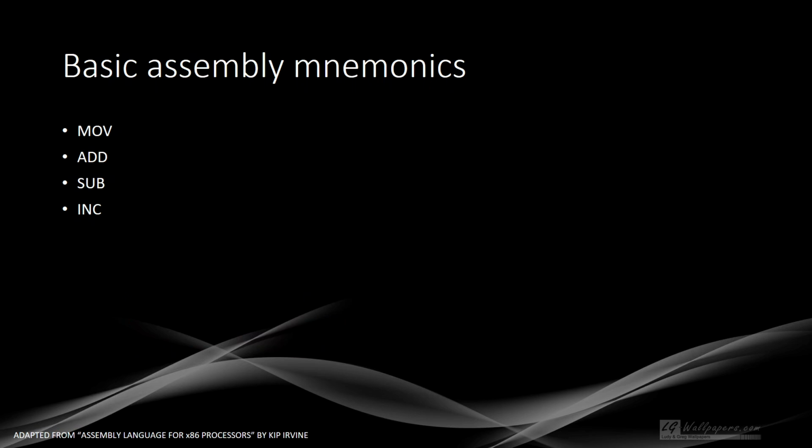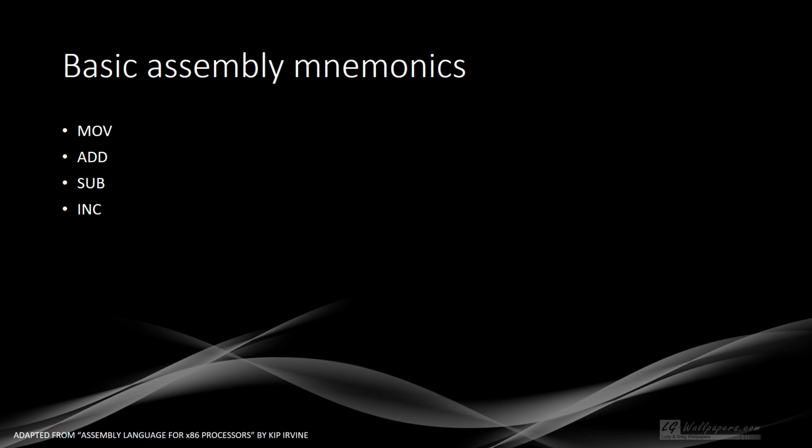And so now let's look at the basic assembly instructions. I have written here four of them. The first one is mov, add, sub, and inc. So what do we mean by these? In assembly language, things are very primitive. And when we say primitive, we mean that we are working at the lowest level, not the lowest, but I would say second lowest.